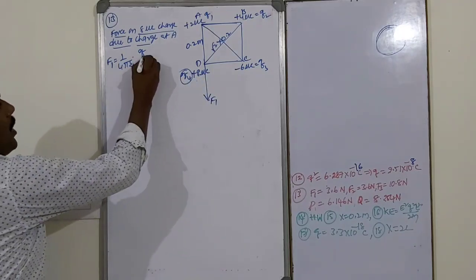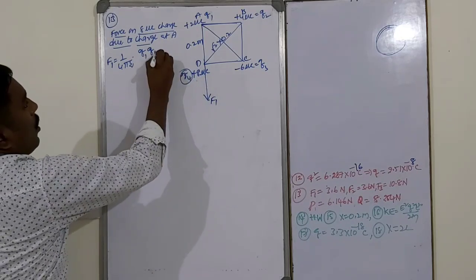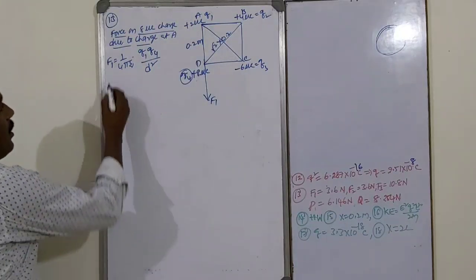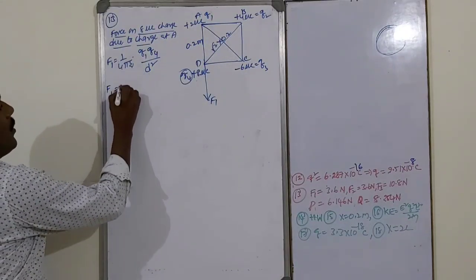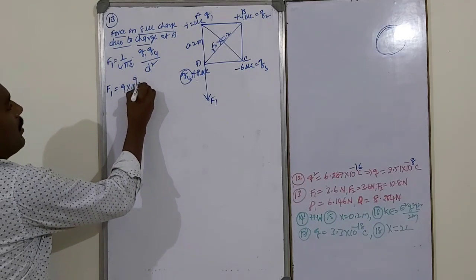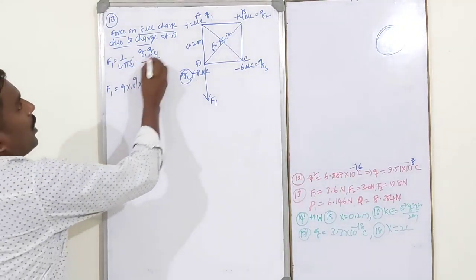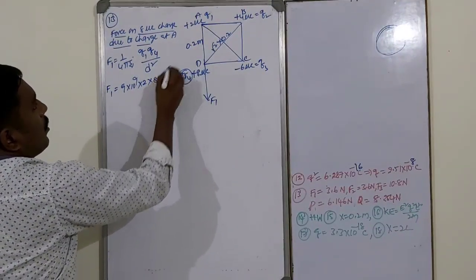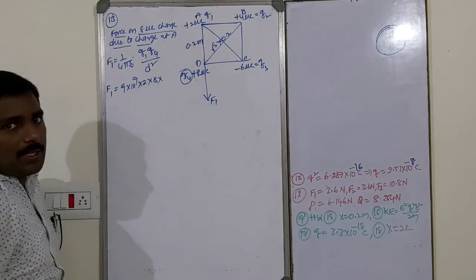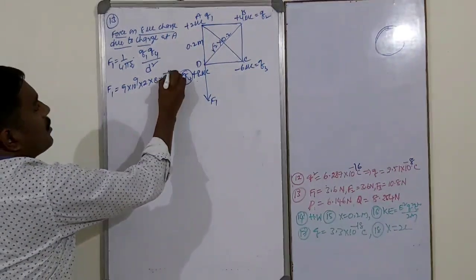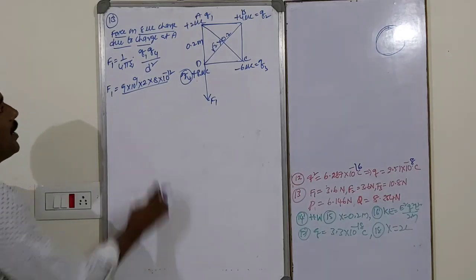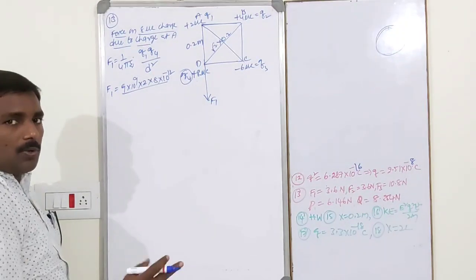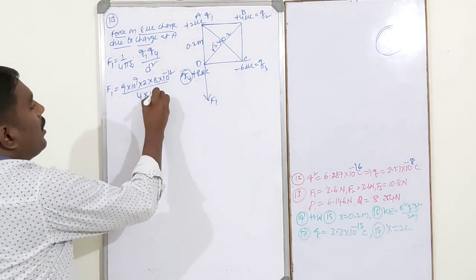So 1 over 4 pi epsilon naught Q1 Q4 divided by d squared, where d squared is AD squared. F1 equals 9 into 10 power 9, Q1 is 2, Q4 is 8, both micro so 10 power minus 6 each, 10 power minus 12, divided by 0.2 whole squared, that is 4 into 10 power minus 2.